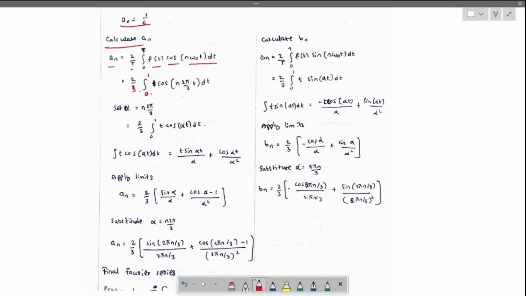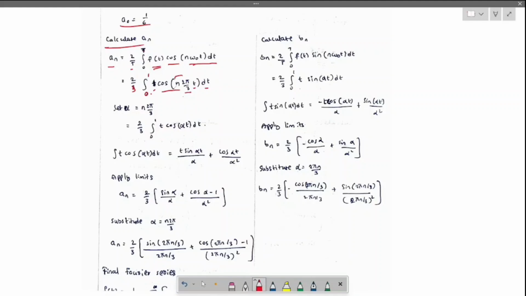Doing the things on 0 will give results as 0. So, to avoid complexity, just do it for 0 to 1 only. f of t is t here, cos n, omega is 2 pi by 3, t dt.